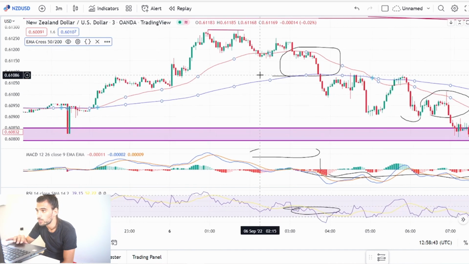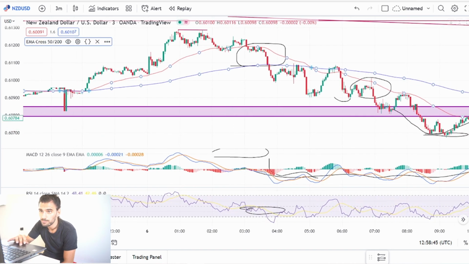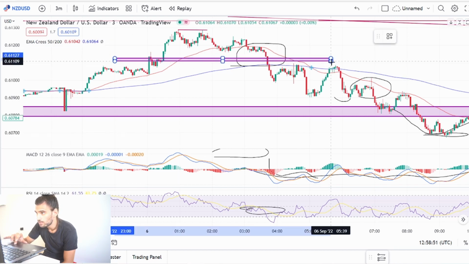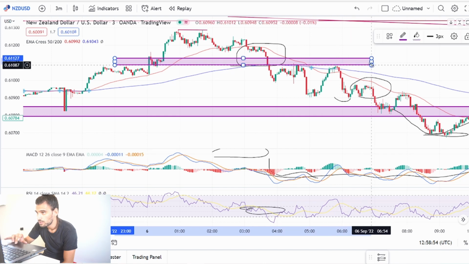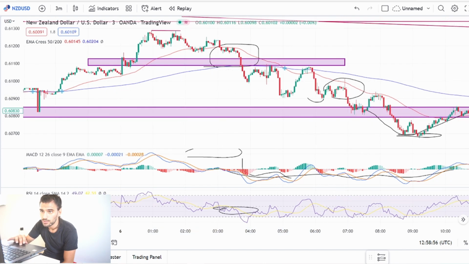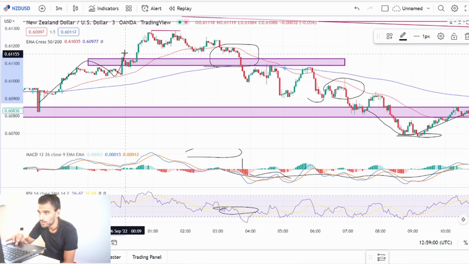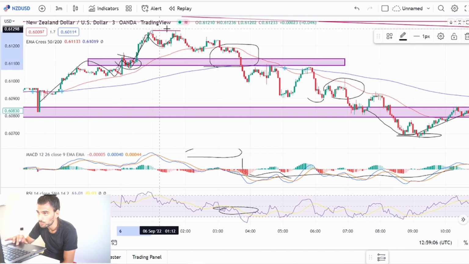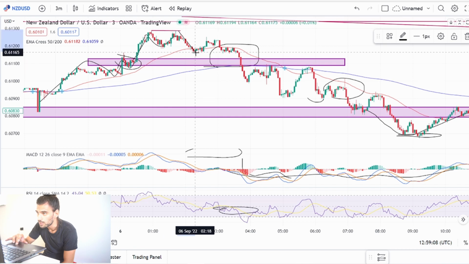At the same time we see here the first structure break on the 3-minute chart. So here we see the market forming higher highs, higher lows, and this was the last higher low being formed after the market formed the double top and suddenly went to the downside.